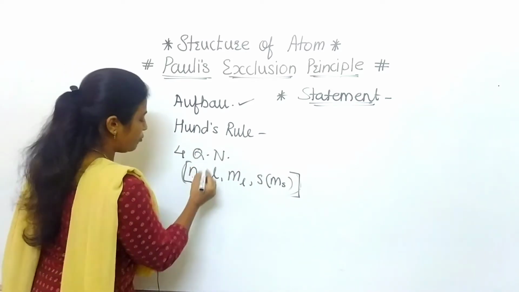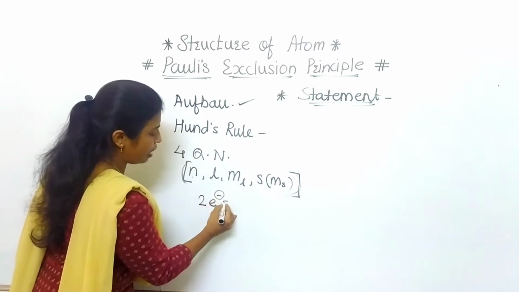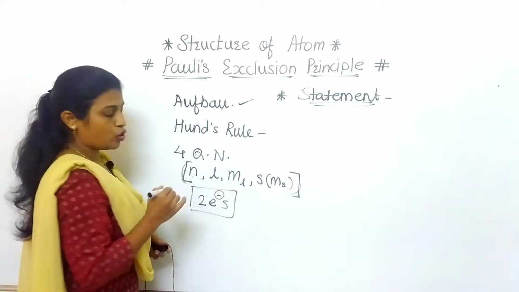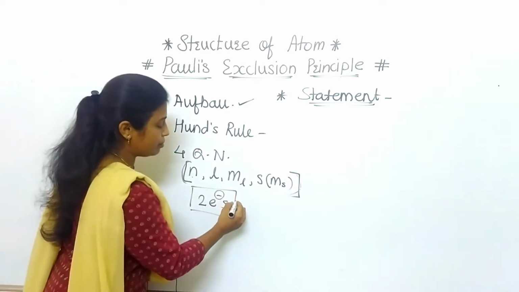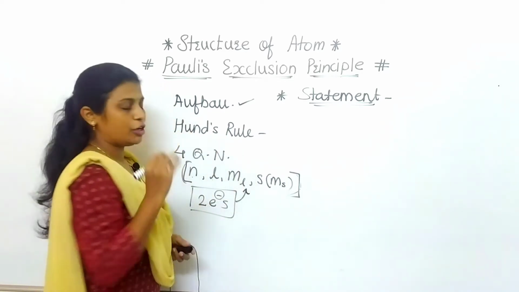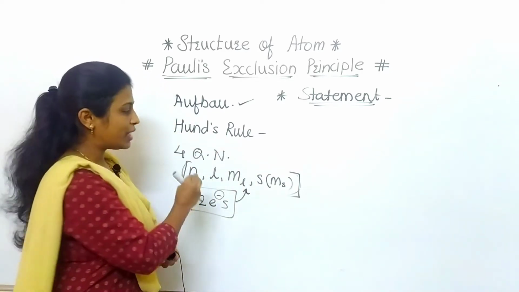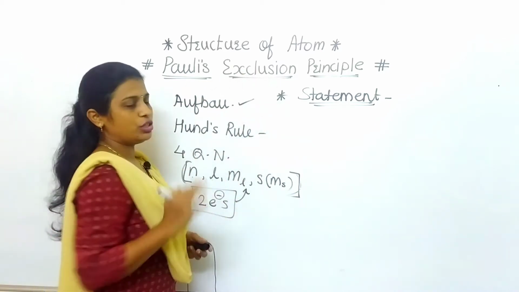If two electrons are there, they do not contain the same set of four quantum numbers. That is the statement of Pauli's exclusion principle.